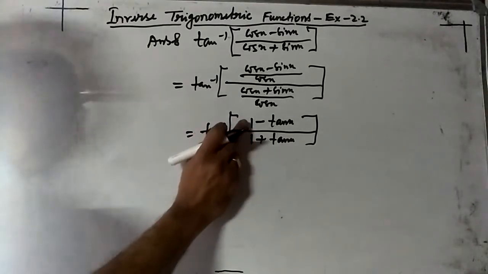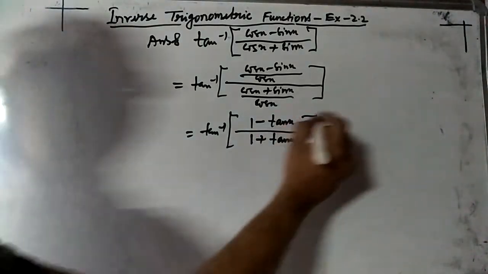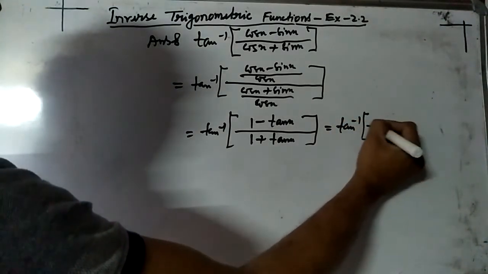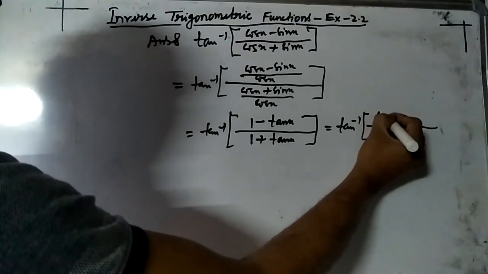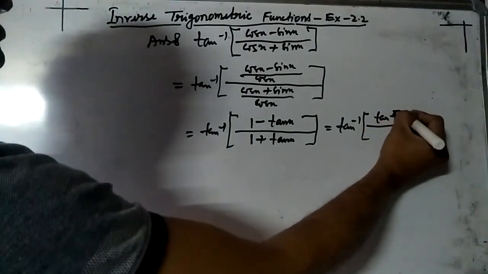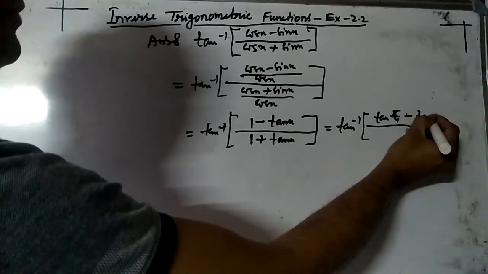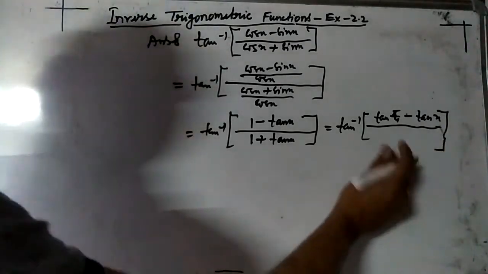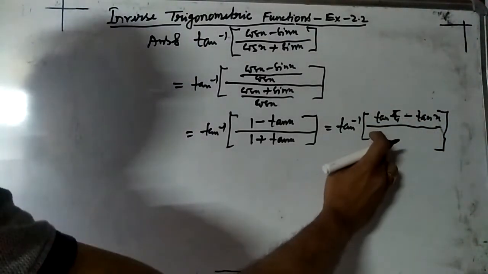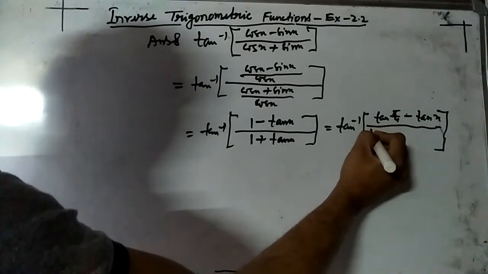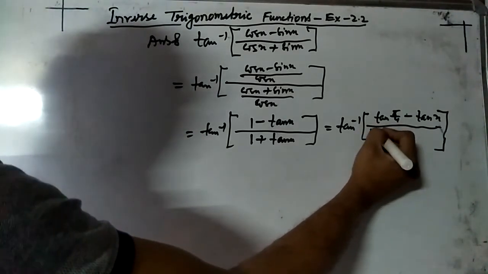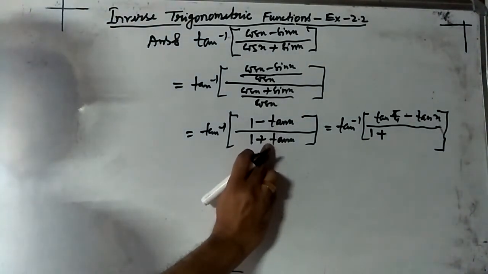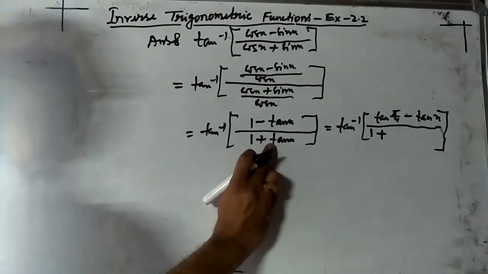How can we make it? You will remember 1 can be written as tan pi by 4. So tan inverse of tan pi by 4 minus tan x, because tan pi by 4 value is 1. And in denominator, because we are trying to make tan a minus tan b upon 1 plus tan a tan b, 1 here we have to keep, the value of 1 will not be put here, otherwise we can't make the formula. 1 we can consider as in multiplication, because tan x into 1.